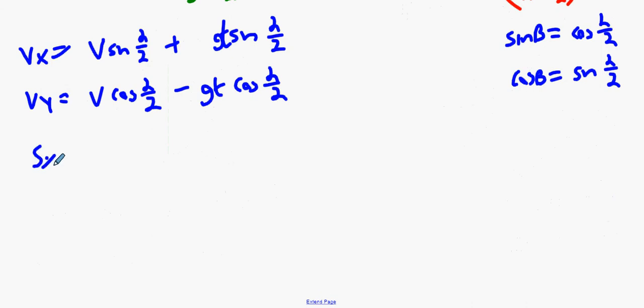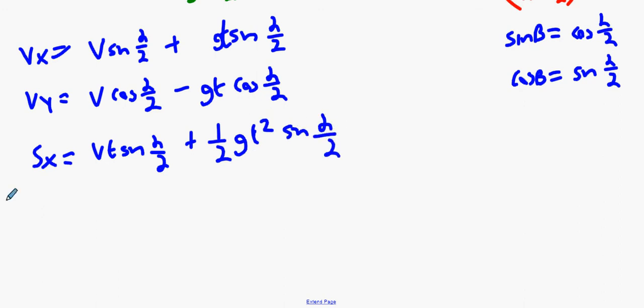And then we're going to get the Sx equation, which is Vt sine alpha over 2 plus a half GT squared sine alpha over 2.